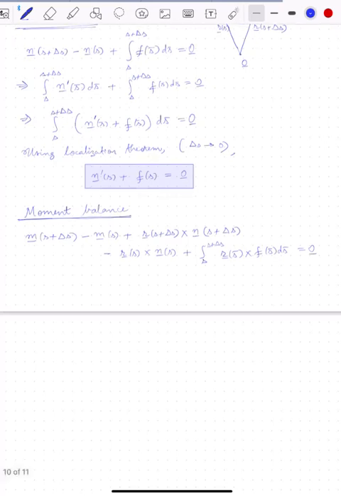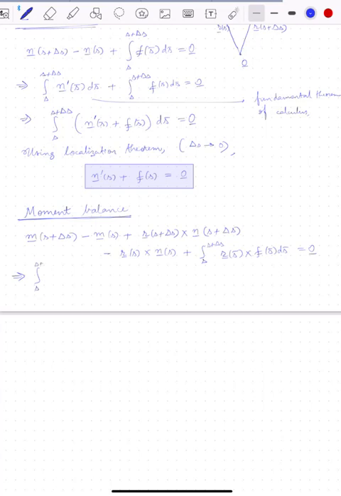And then we'll use the fundamental theorem of calculus. Likewise, here also we'll use the same.